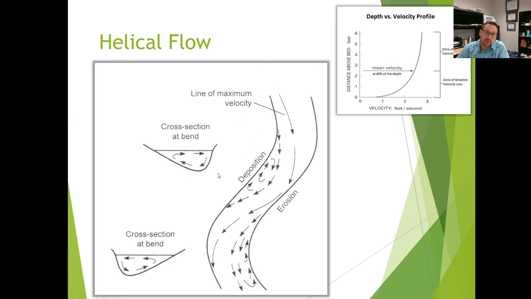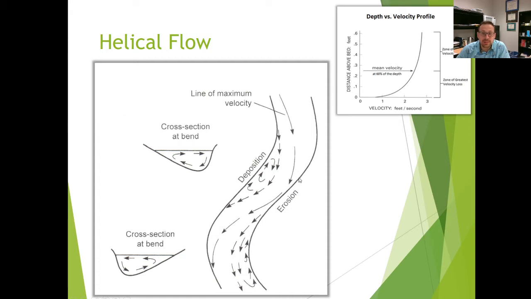So right here we've got the right bank and the left bank, right? As the water comes here, it's going to be going fast at the top, and it's going to bump into the left bank. As it bumps into that left bank, you're going to get some erosion here. You're going to have that water flowing very quickly at the top, and at the bottom, because the water is flowing straight at this bend, the bottom is going to be flowing slower.